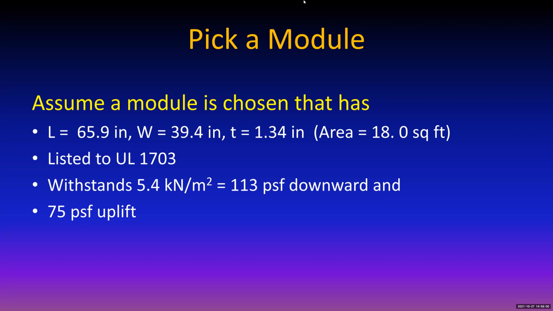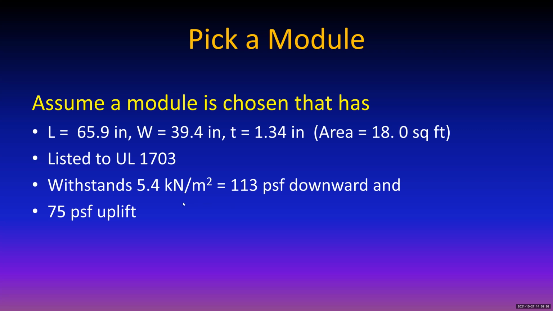You can't build something that is less than the standard, but it's perfectly fine to do something that's better than the standard. There are standards for racking, standards for the structural thing, UL 1703 for the modules, 1741 for the inverters, lots of standards out there, and we're going to be mentioning them as we go.